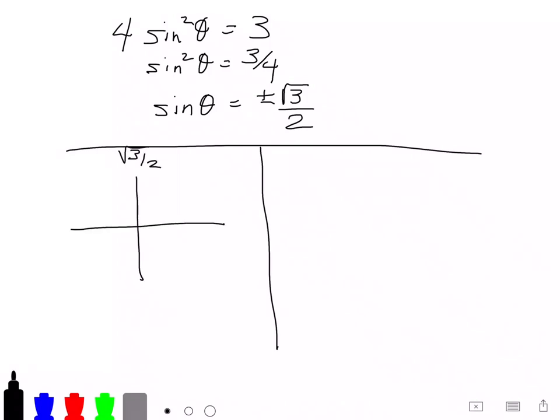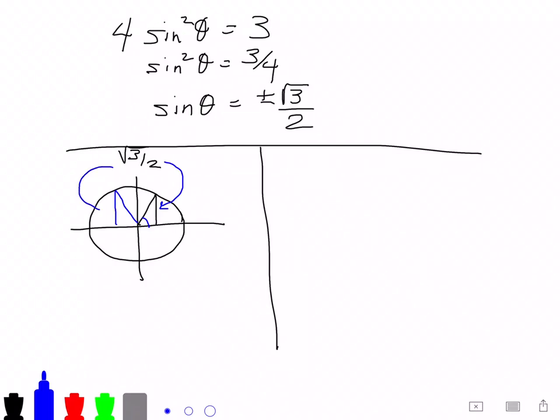When I do my unit circle, when the sine of theta is equal to the square root of 3 over 2, that is this guy right here, 60 degrees. But sine of theta is also equal to the square root of 3 over 2 when the angle is 120 degrees. So I have 60 degrees and 120 degrees.